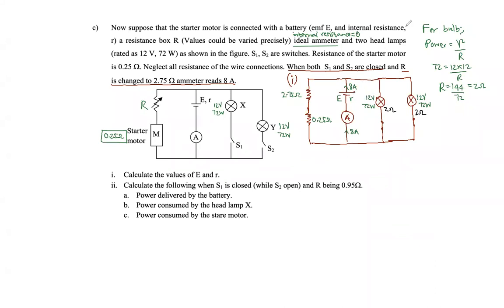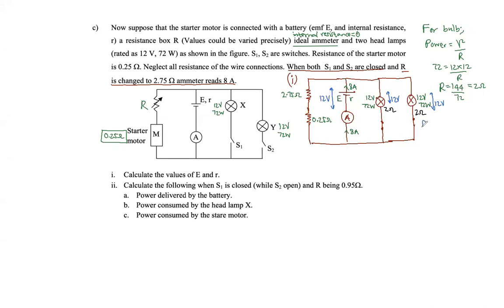So we have to assume that there is a potential drop of 12 volt across the bulbs for the bulb to function. Do you agree with me? There must be a potential of 12 volt across the bulb for the bulb to function properly, right? So here across the battery there must be a 12 volt potential drop.